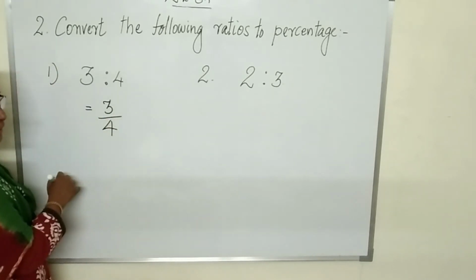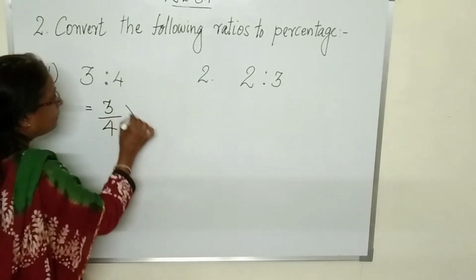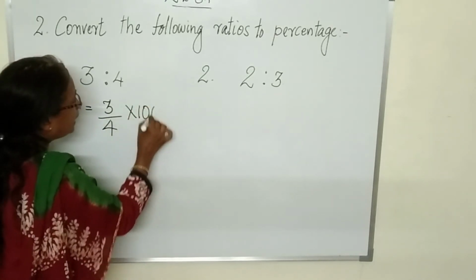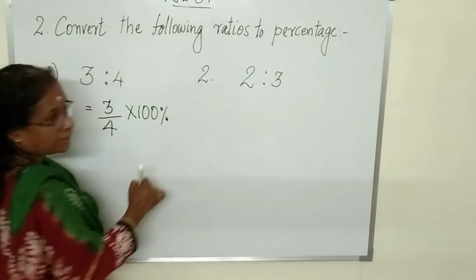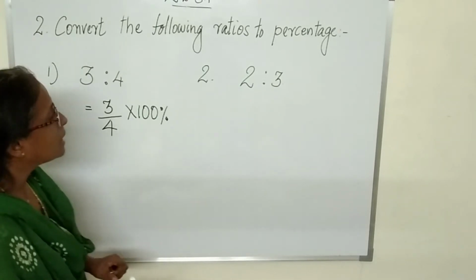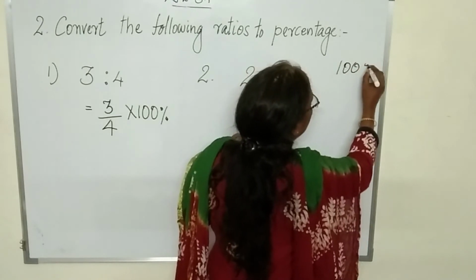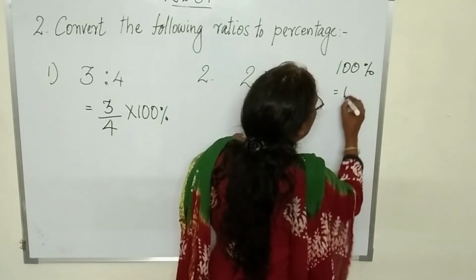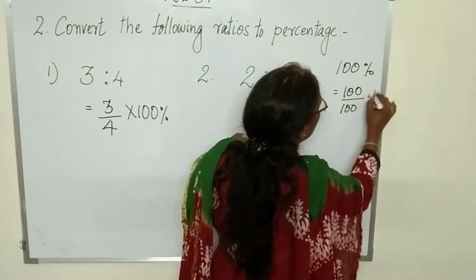Now how to convert fraction into percentage? Multiply them by 100%. Children, do you know why we multiply by 100%? We multiply by 100% because 100% means 100 upon 100, which is equal to 1.